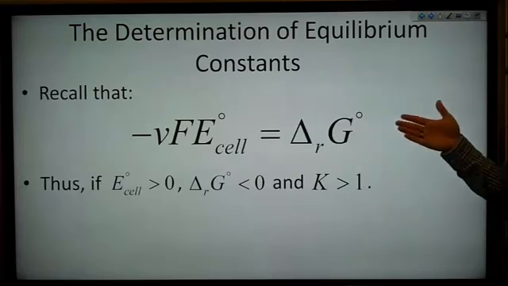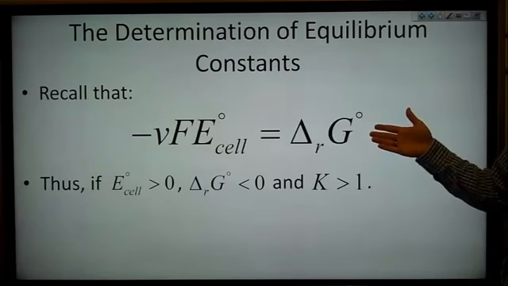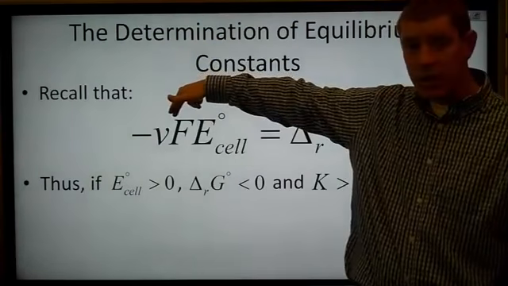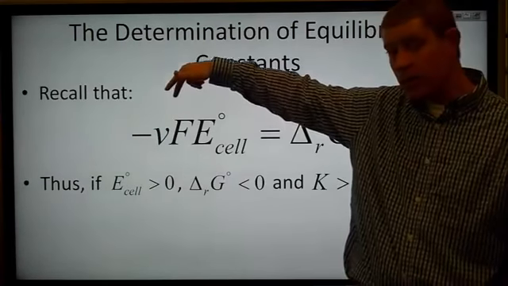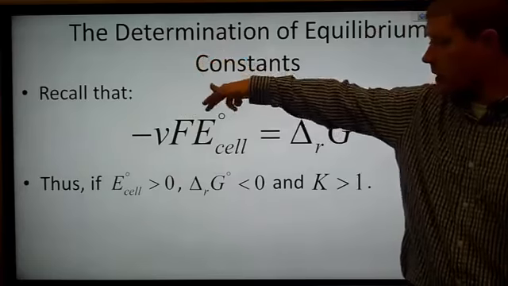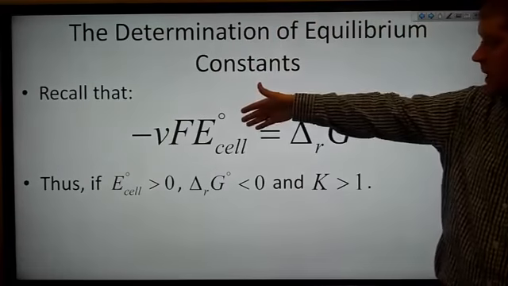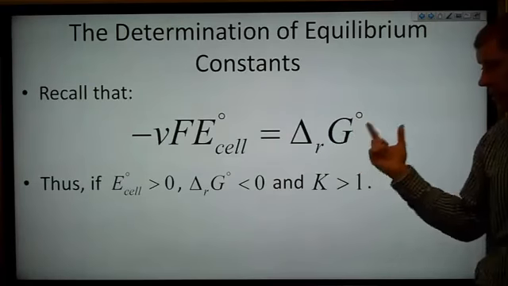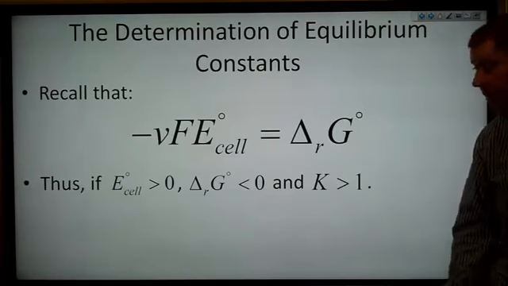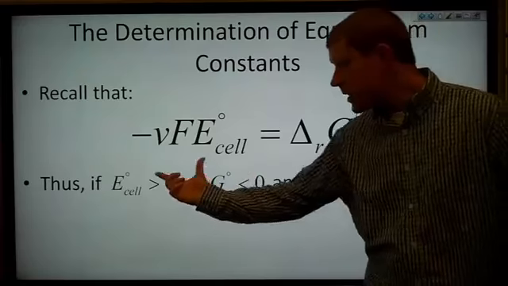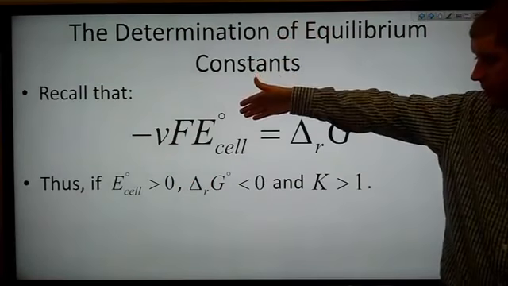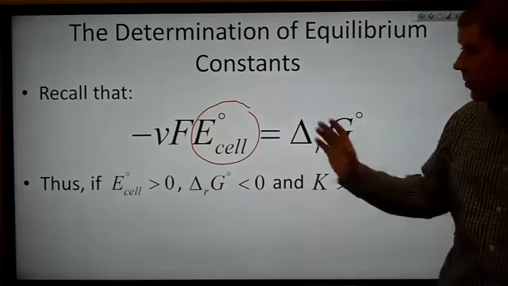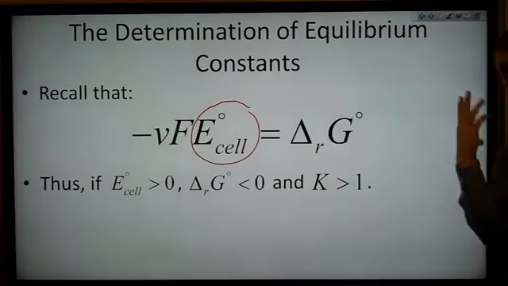So, again, remember that we have this equation. So we have minus ν, the stoichiometric coefficient, telling us how many electrons are transferred, times F, the Faraday constant, times E cell naught, the standard cell potential. That's equal to the standard Gibbs energy of reaction. And this means that if E cell naught is greater than 0, so if this value is positive, well then the left side has to be negative, which means the right side has to be negative.